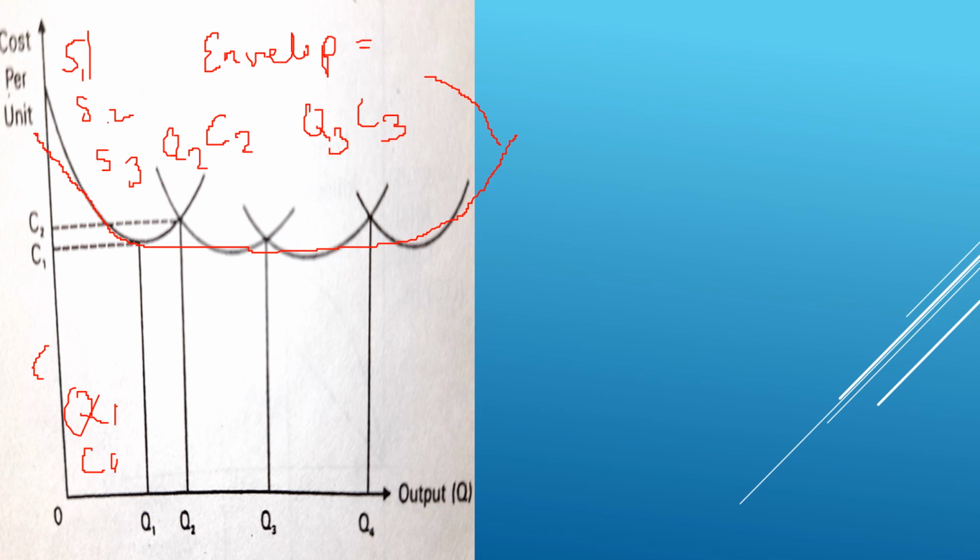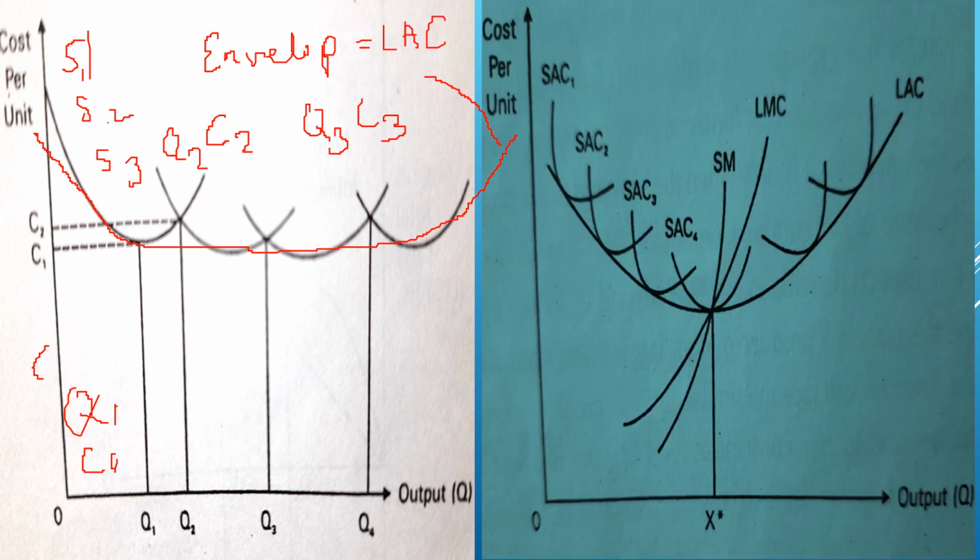It looks like this. It means the long run average cost curve's shape is an envelope, or you can say a U type curve.